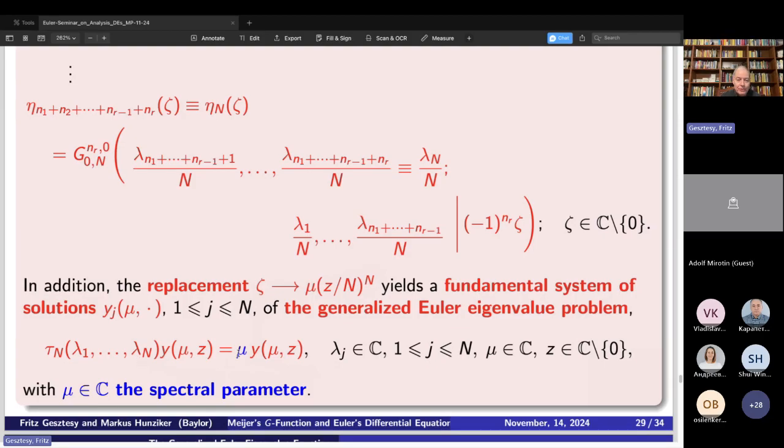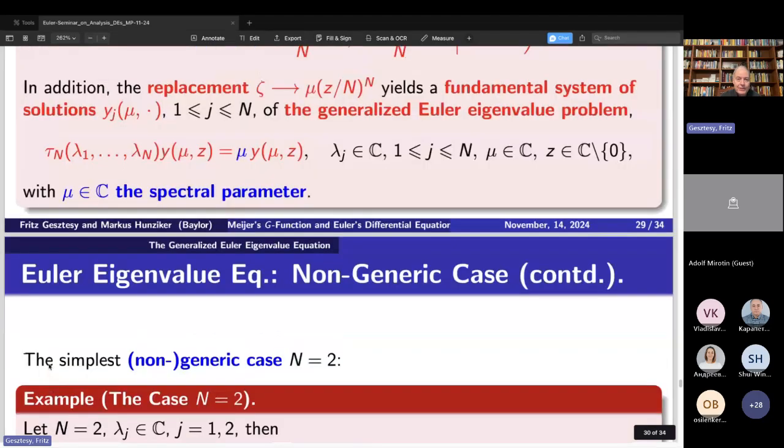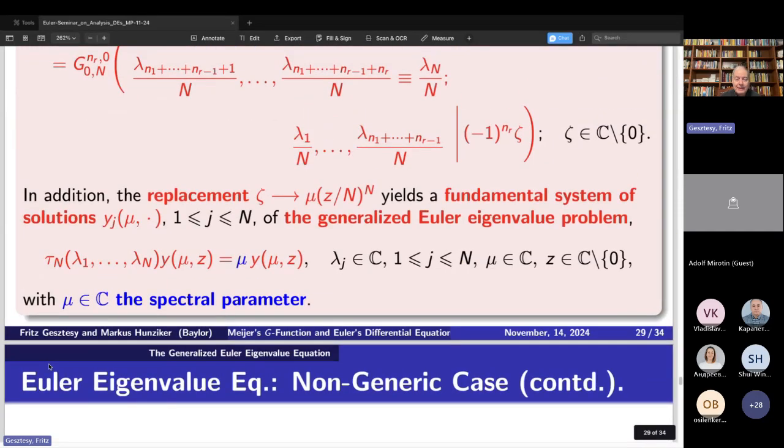And again, mu is the spectral parameter here. And so with this substitution, you get the fundamental system of solutions for this object, also in the non-generic case.